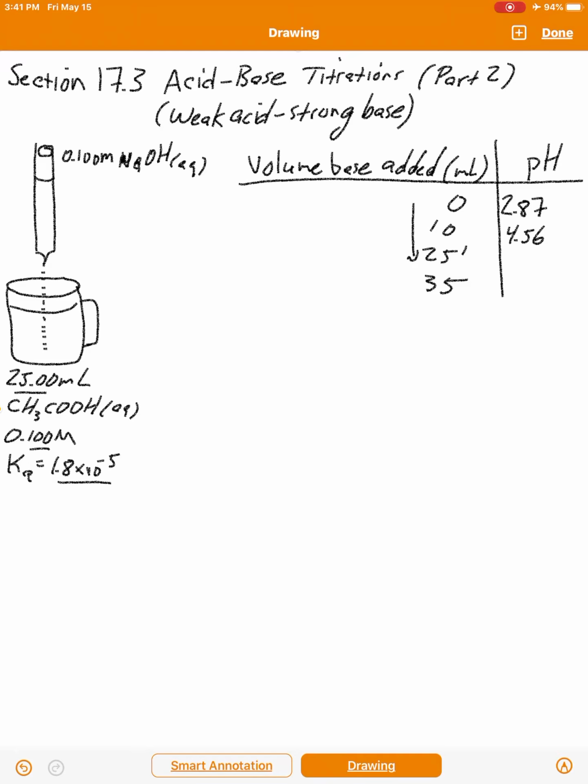We're now doing 25 ml. So acetic acid, again, is going to react with sodium hydroxide to form water and sodium acetate.